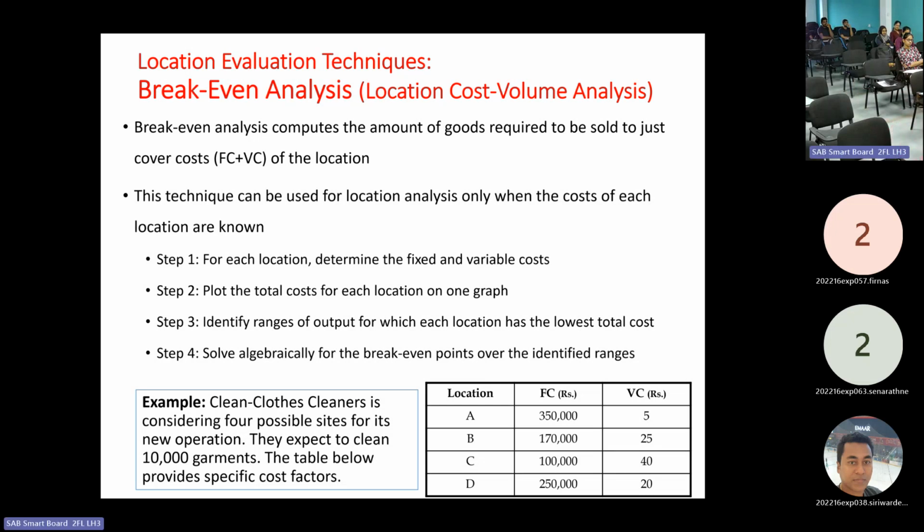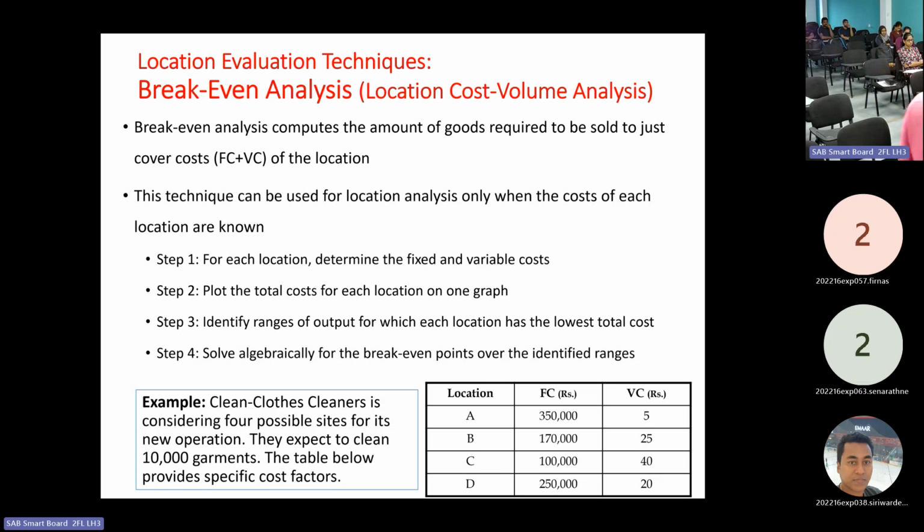Fixed and variable costs are given, even in case of exam questions. But if you are to practically use this technique, you will have to estimate, which is difficult. Accurately estimating fixed cost and variable cost of each location would be difficult. Only if we have such information, we can use this technique.